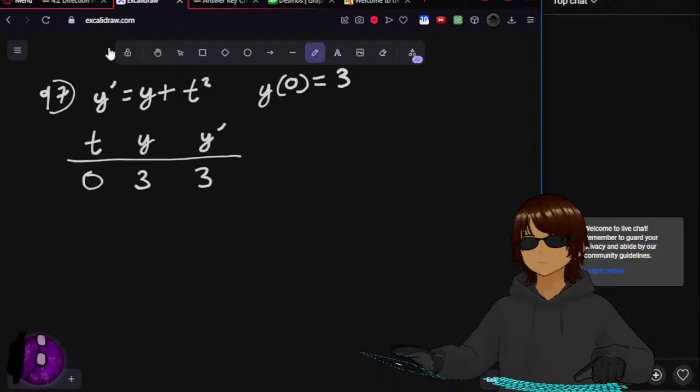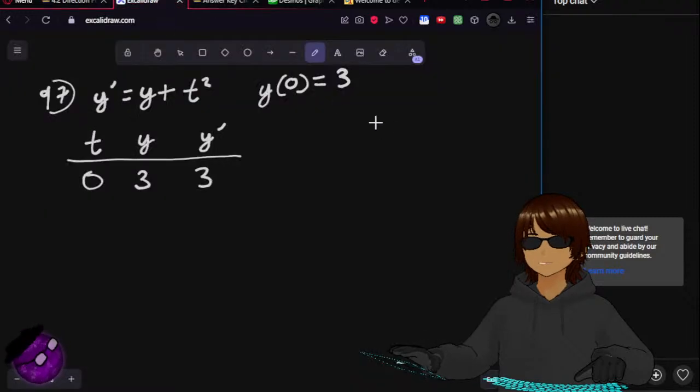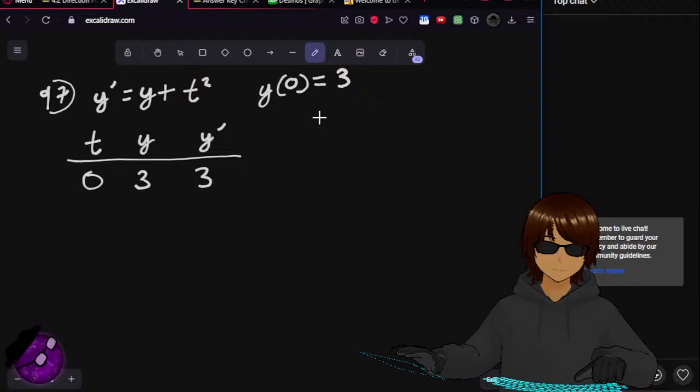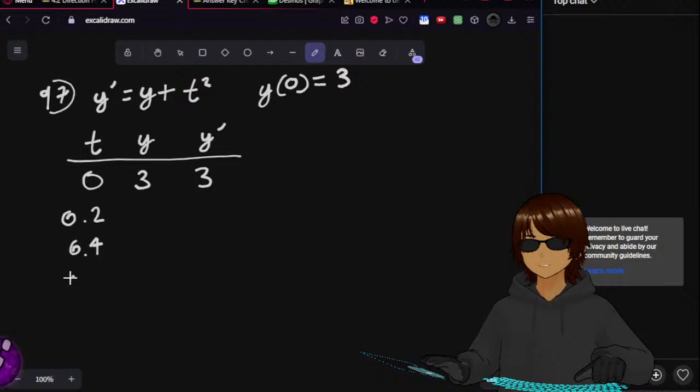And then the next step would be, with n equal to 5 steps, 1 over 5, so 0.2. So 0, 0.2, 0.4, 0.6, 0.8, 1.